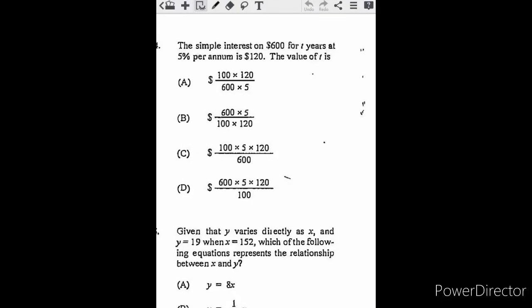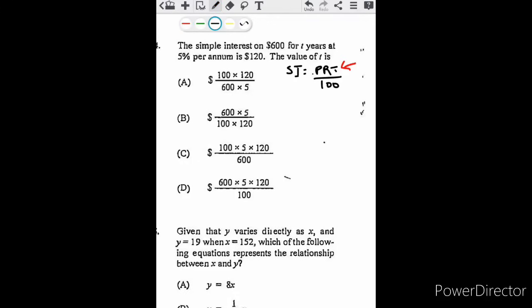The value of T is, so we need to find the value of T. First, we need to write our formula. So we know simple interest is equal to PRT, principal rate time, divided by 100. And we need to find T, our time. So we need to make T the subject of the formula.